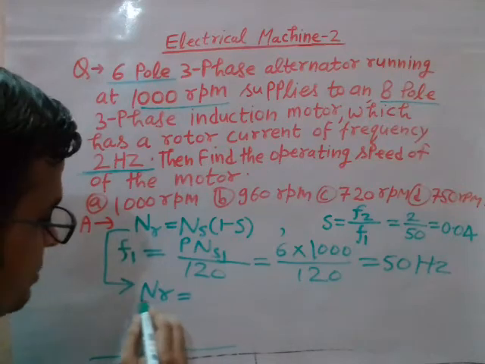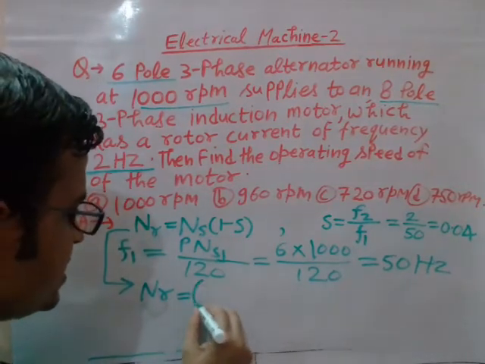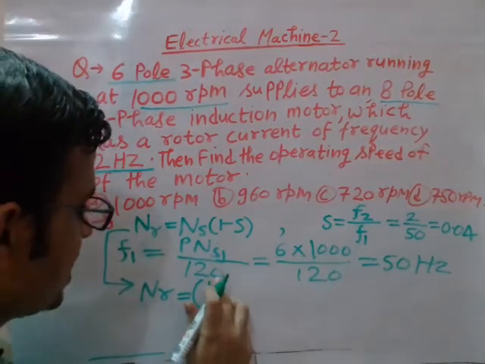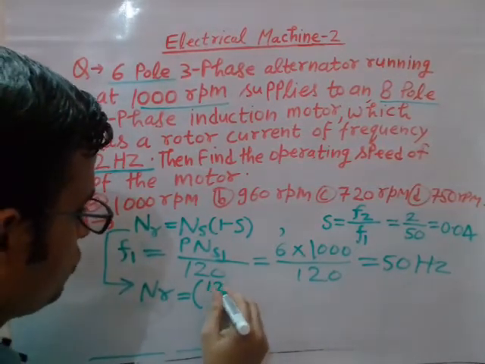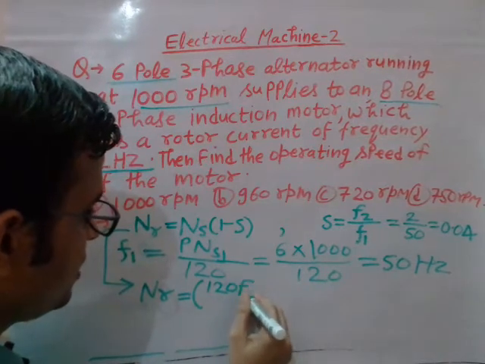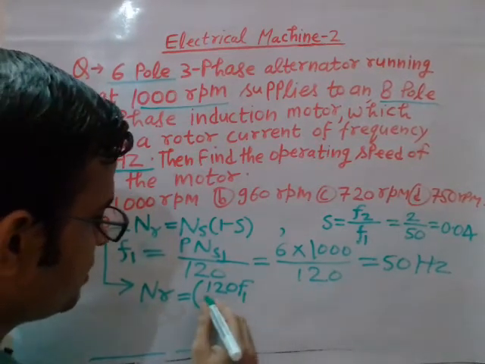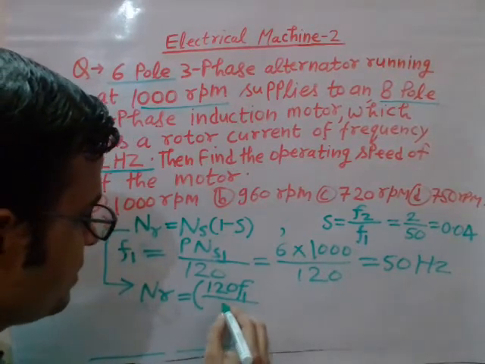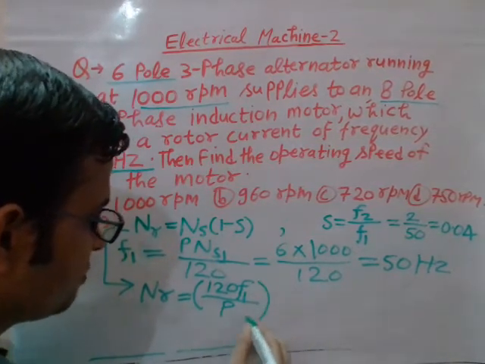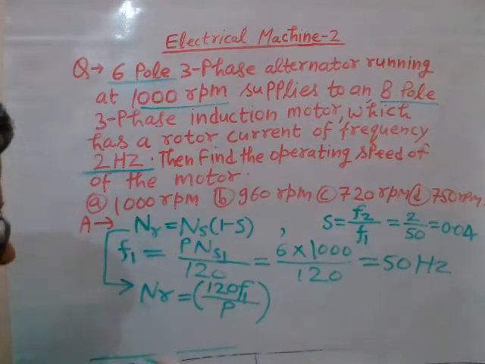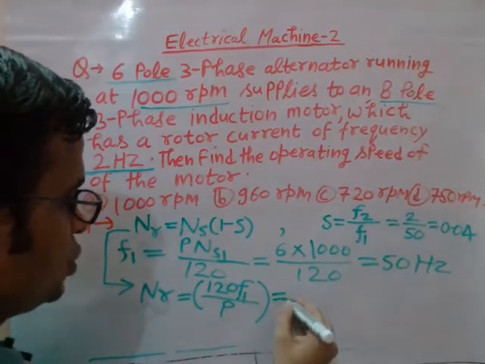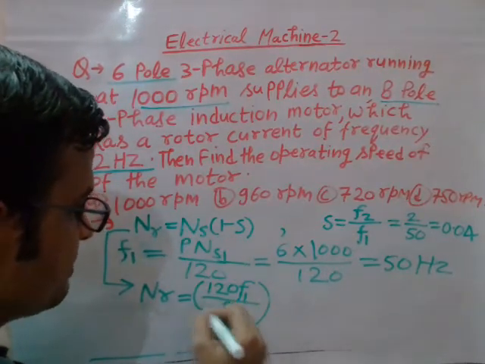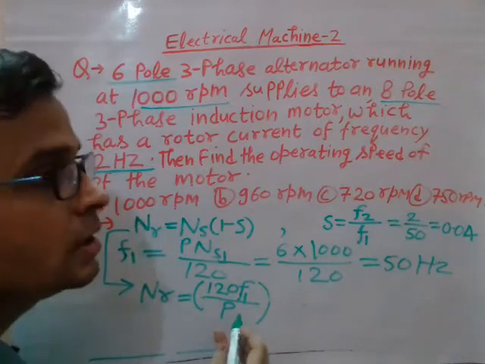So induction motor speed NR is equal to NS. NS, again you know, is 120 F by P, from the same basic relation. The supply frequency to the induction motor is F1, so write 120 F1 by the number of poles on the induction motor. This bracket indicates NS, the synchronous speed of the induction motor.